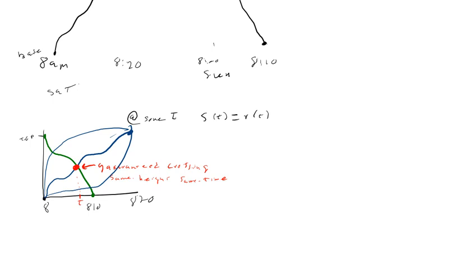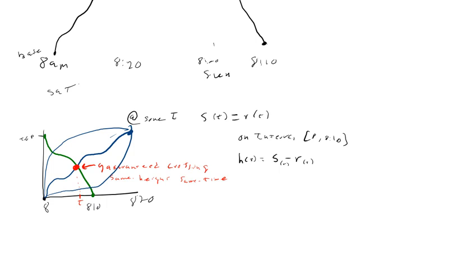So on the interval 8 to 8:10, let's call this h of t is equal to s of t minus r of t. Take our two heights and subtract them.